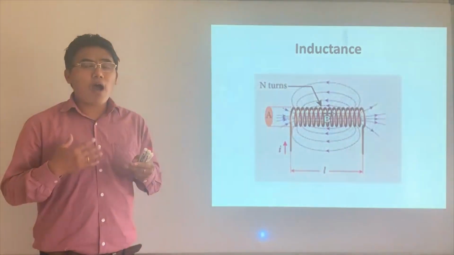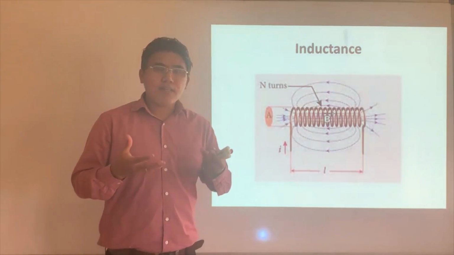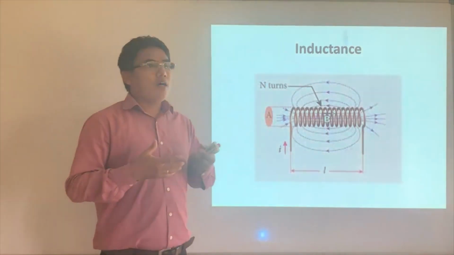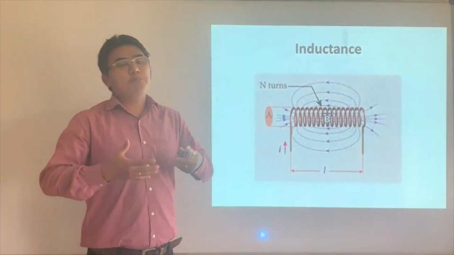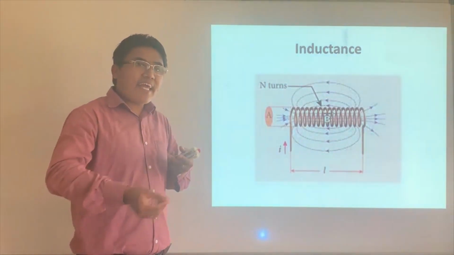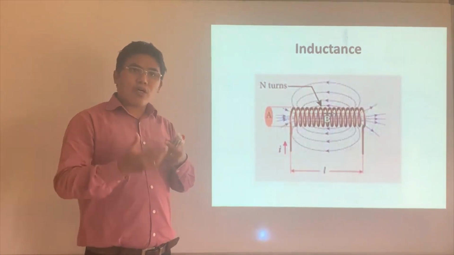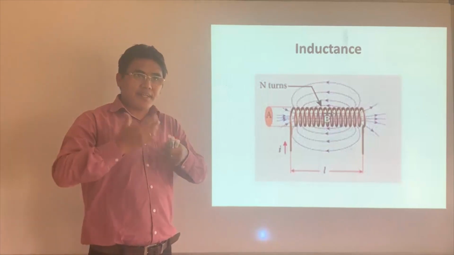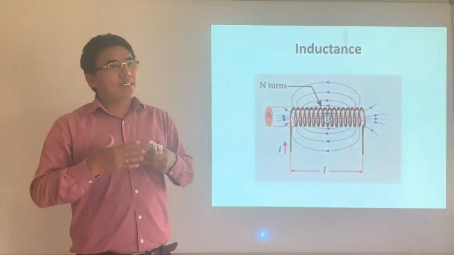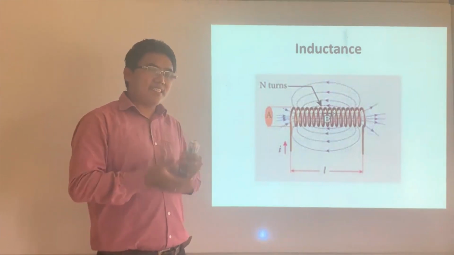So now I would like to connect the magnetic field and the current, which produces a magnetic field, and that is linked to one solenoid or coil, right? So this connection is normally done by the phenomenon we call inductance.